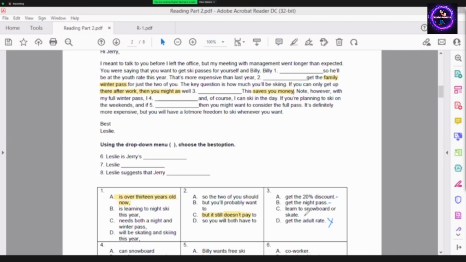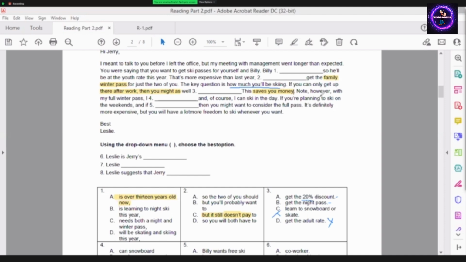We don't know if they have to learn to snowboard. The question is just about how much you will be skiing, so this doesn't make that much sense. Also, because they already know skiing, that doesn't make sense either. So then get the 20% discount. If you are doubtful between A and B, look for 20% information in your picture.